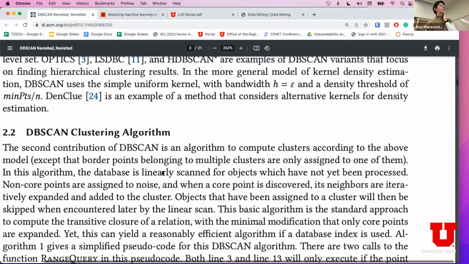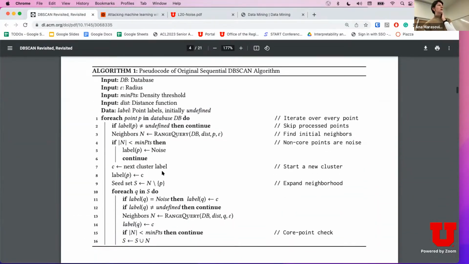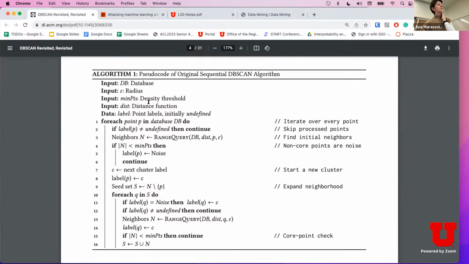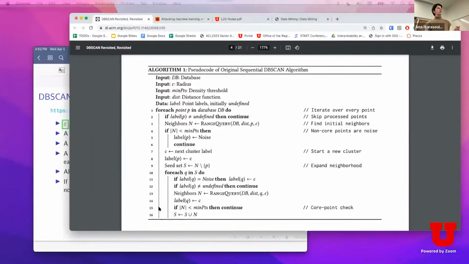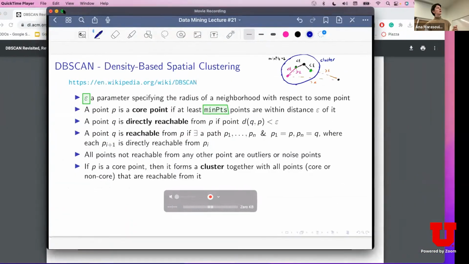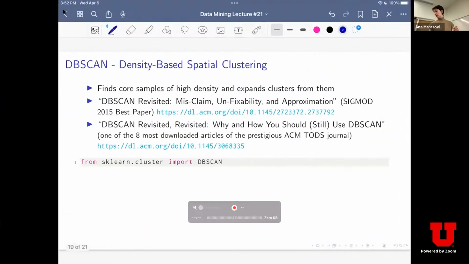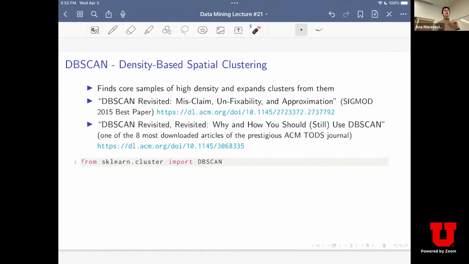I didn't want to write it down because I was honestly a little bit lazy, but this is the entirety of the algorithm. If you want the algorithm in a step-by-step approach, this is it. But as I mentioned, you don't really need to implement it because it's implemented in scikit-learn and you can use it directly from there.